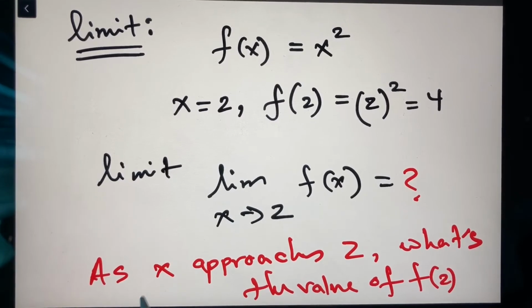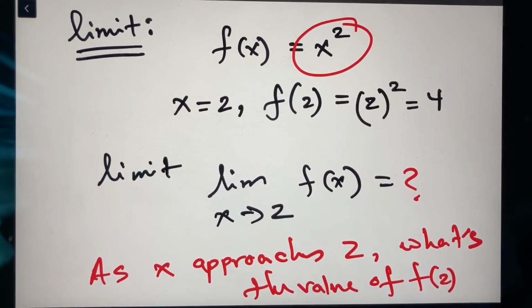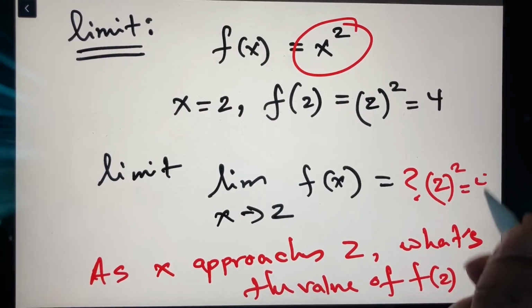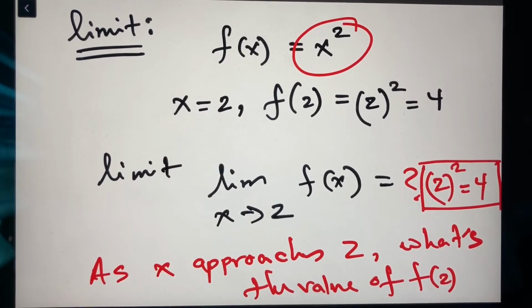Okay, as x approaches 2, what's the value of f of 2? Since the function that we are dealing with is a really simple and straightforward function, we don't have to do much work, we can just plug it in. So that's going to be equal to 4. Okay, so again, for this specific problem, we can just plug it in.